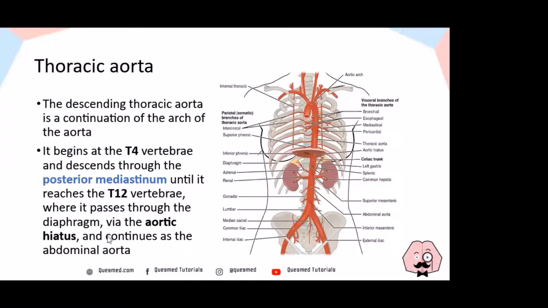However, there is another definition of where the thoracic aorta starts, which is basically that the descending thoracic aorta begins immediately after the left subclavian vein comes off the arch. So some people say everything beyond that is descending thoracic aorta.